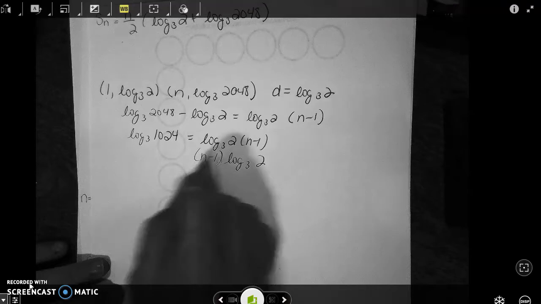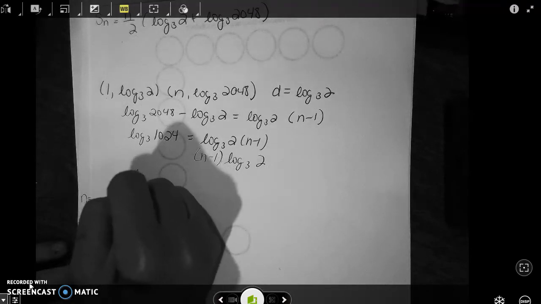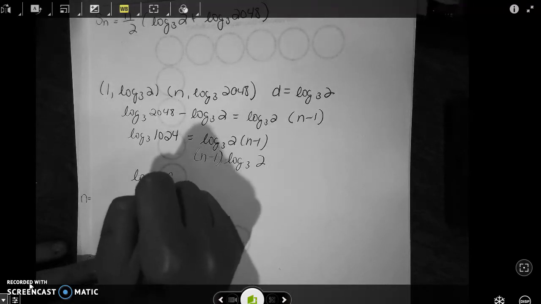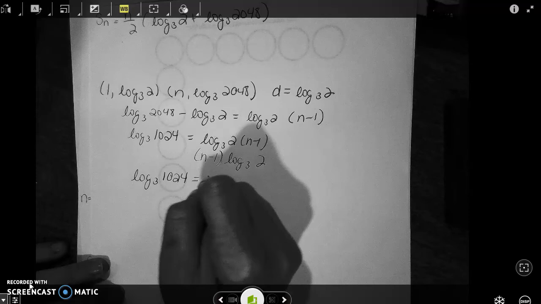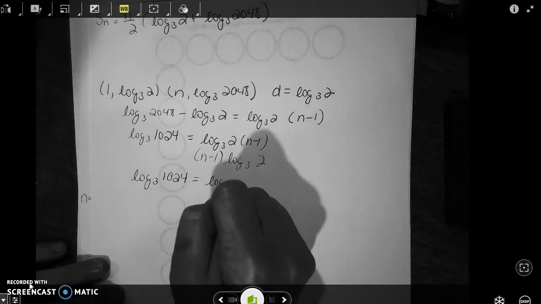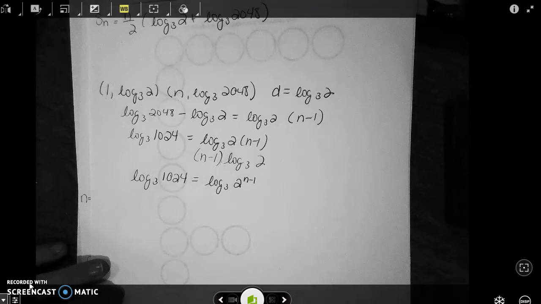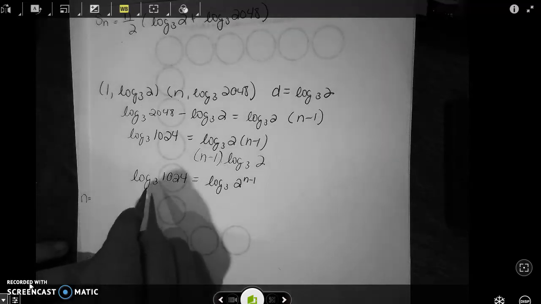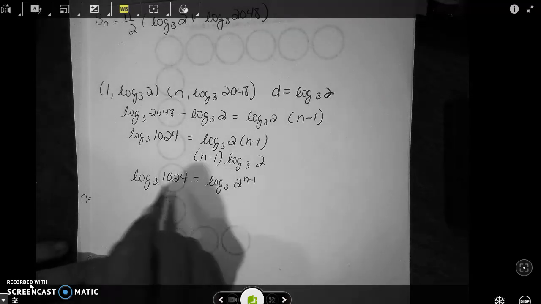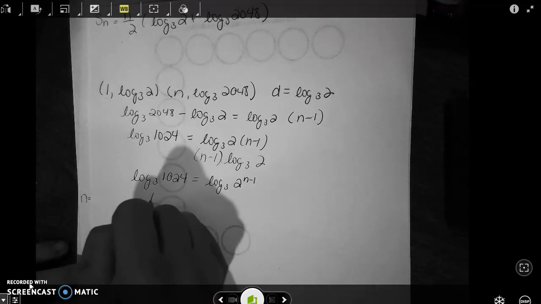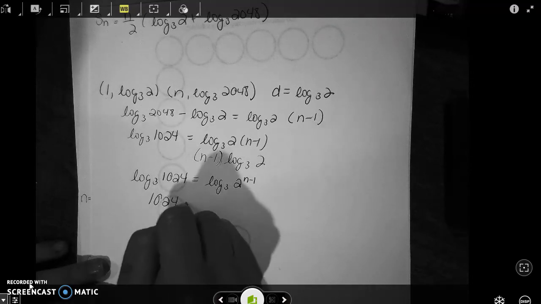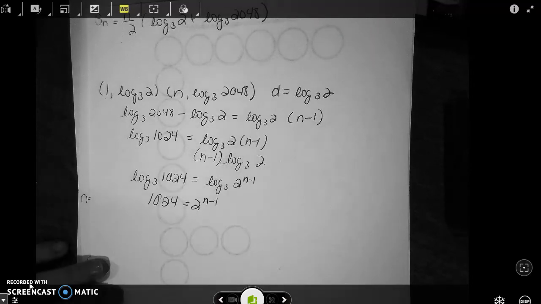I can use the power property and say this is log base 3 of 1024 will equal log base 3 of 2 to the n minus 1. And so what I notice now is that my bases are the same for the log, so what that means is the arguments will have to equal one another.